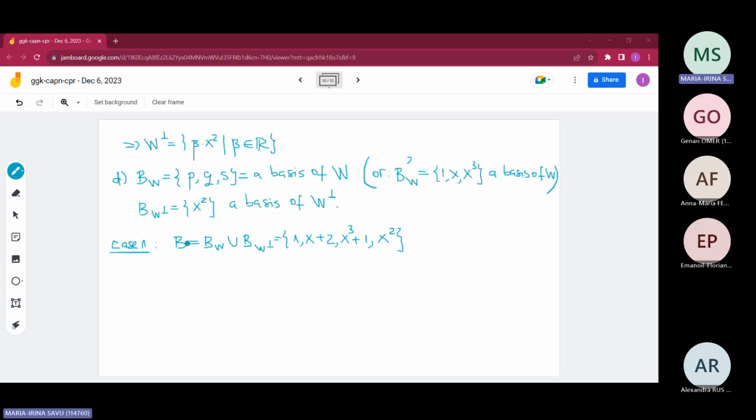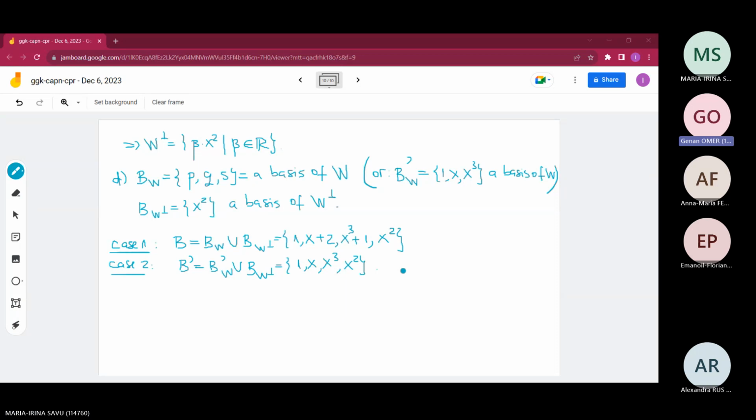And case 2, let's say B prime, which is B_W prime united with B_W perpendicular, which is 1, x, x cubed, and x squared. Which basis is easier to orthonormalize?